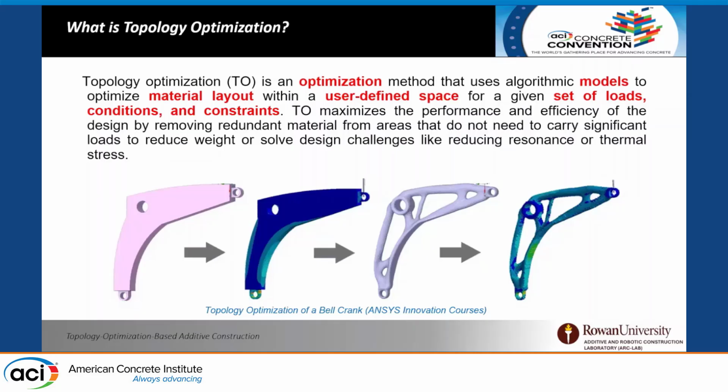So you use topology optimization in order to decrease the cost. And you can see an example here from ANSYS showing how the use of topology optimization can get you a final product that performs at the same caliber or even better than the original design.